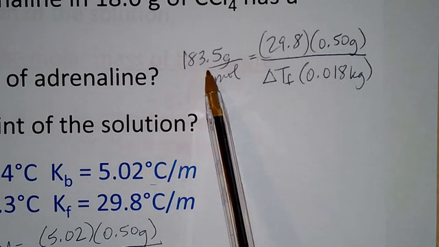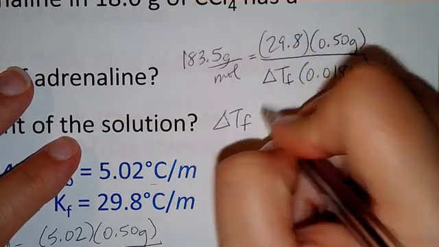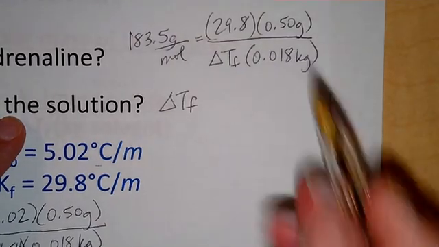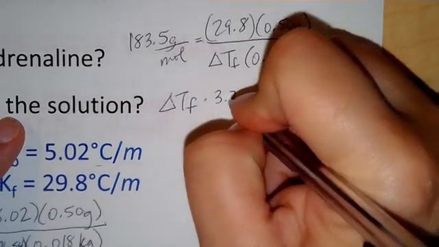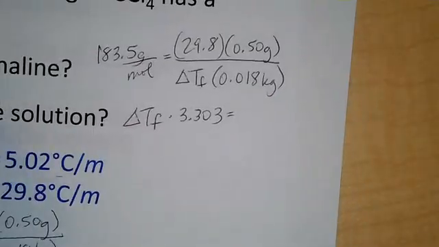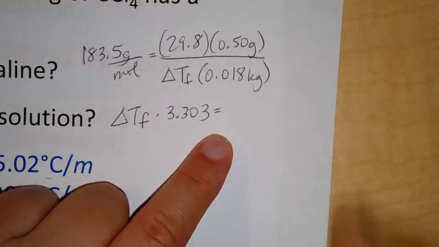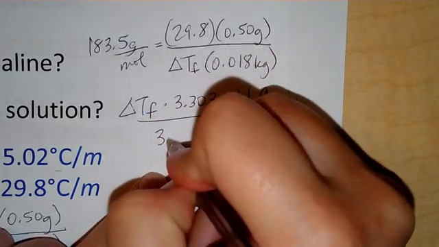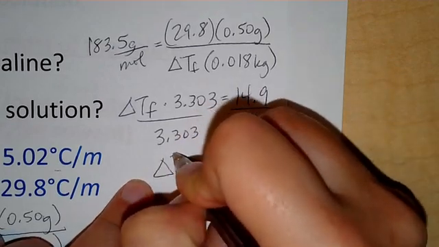So we have 183.5 times 0.018, 3.303, equals 29.8 times 0.5, 14.9. Then we can divide both sides to isolate the delta T. So 14.9 divided by 3.303, 4.511.